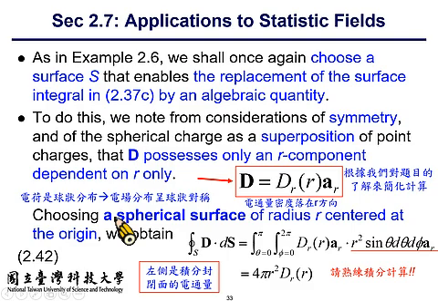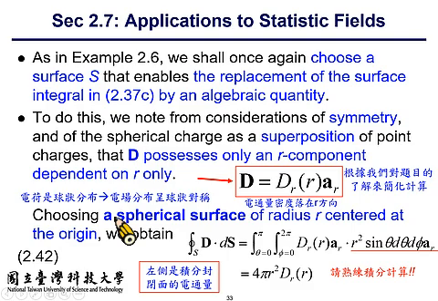It should give you 4 pi r squared, that is the area of a spherical surface with a radius of r. All right, so the left-hand side of Gauss's law for the electrical field can be found as this.